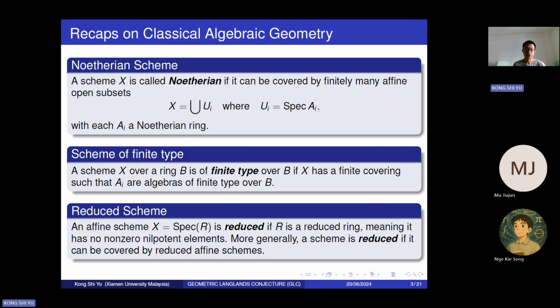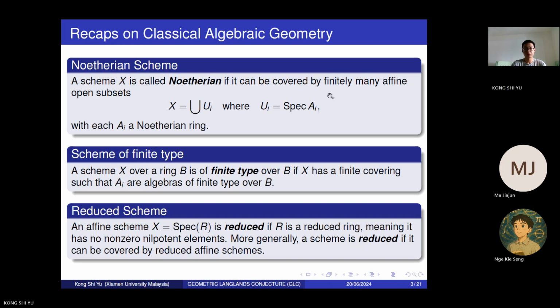Before we get into derived algebraic geometry, I will recap some necessary notions in classical algebraic geometry. The first one is the Noetherian scheme. Particularly, this is useful for describing schemes of finite type, which is the following definition. A scheme is Noetherian if it can be covered by finitely many affine open schemes.